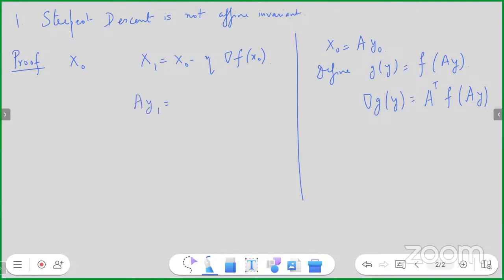AY1 is equal to AY0 minus eta gradient, but that is defined to be G, so let's write AY0 minus eta del G of y0.